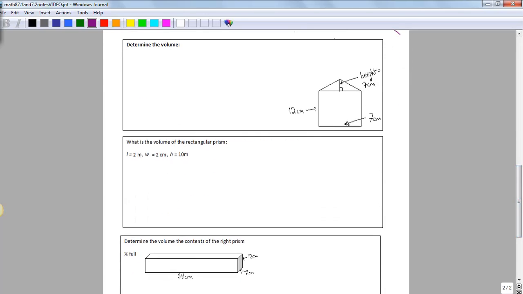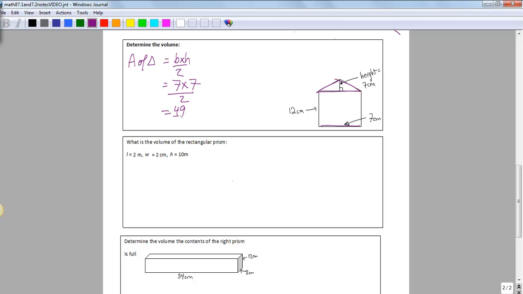So here's a triangular one. Determine the volume. First of all, you need to find the area of the triangle. I'm only concerned about this part right here. I know that base times height divided by 2 gives me the area of a triangle. In this case, the base is 7 and we've got a height of 7, divided by 2.